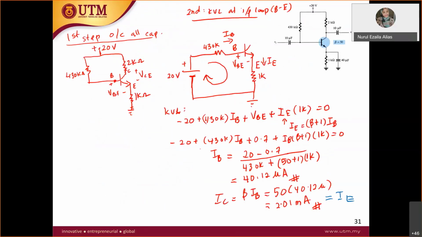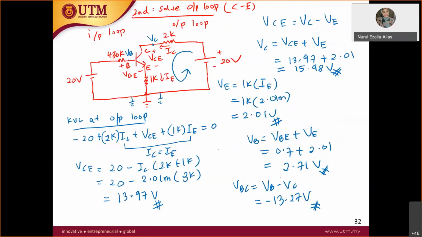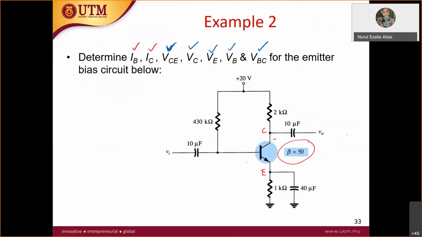IB must be correct and so on. Quite a lot of calculation here, so you might need practice, in order to calculate faster. So you have done all this: IB, IC, VCE, VE, VB, VBC.